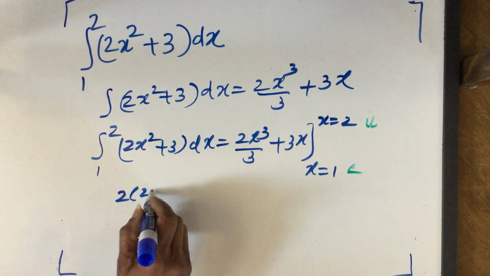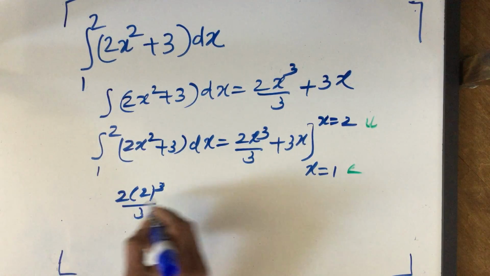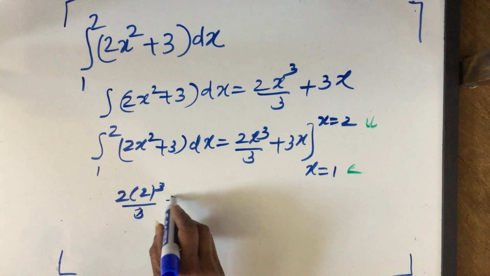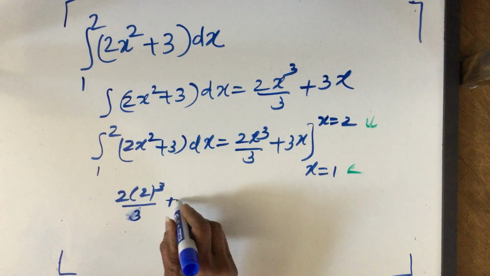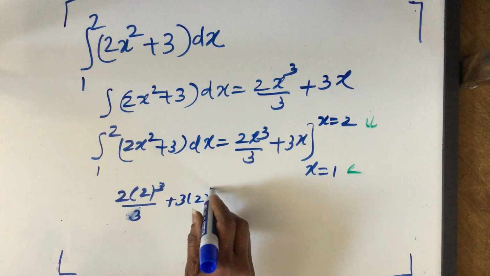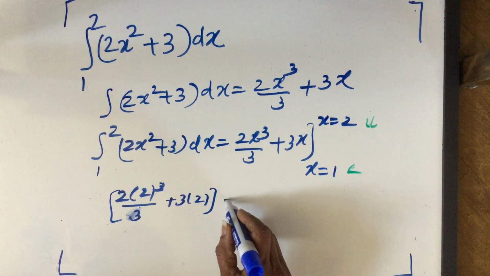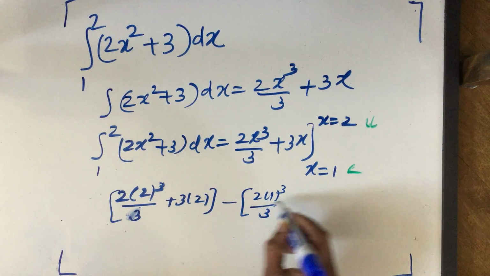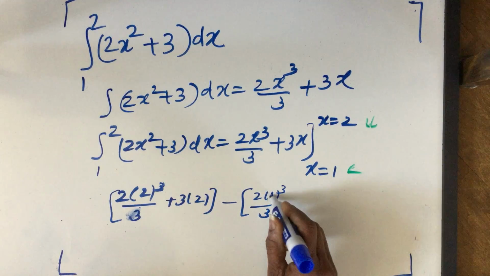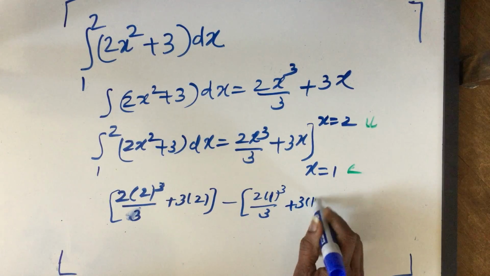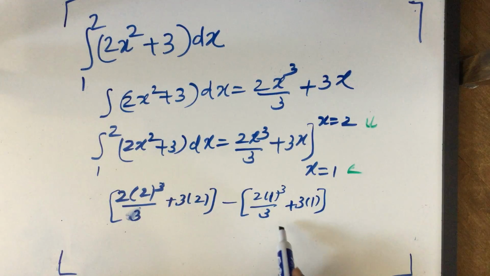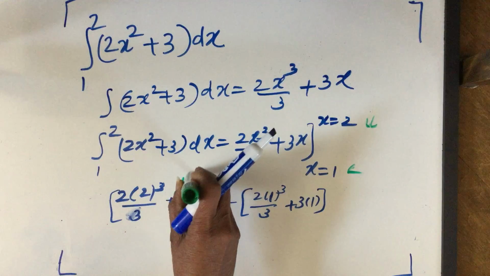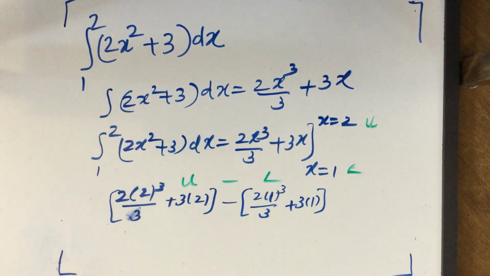It is 2 times 2 cube divided by 3 plus 3 times 2, which is the upper limit, then minus 2 times 1 cube divided by 3 plus 3 times 1. So this is the lower limit. Upper minus lower.